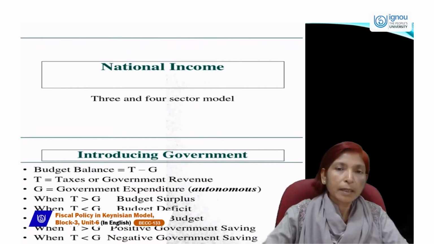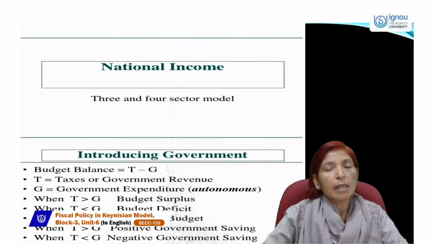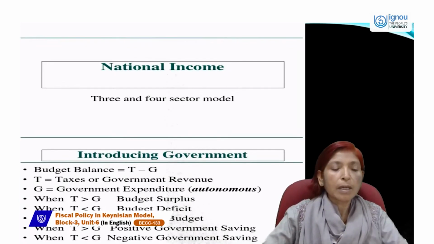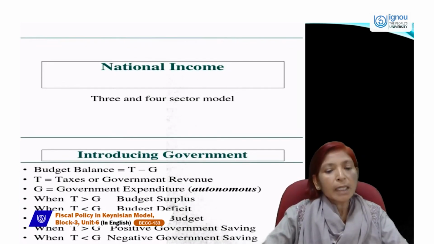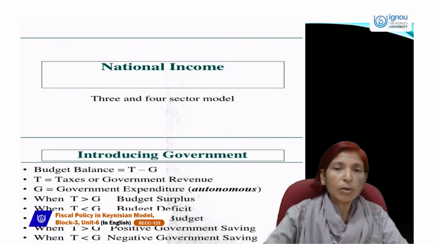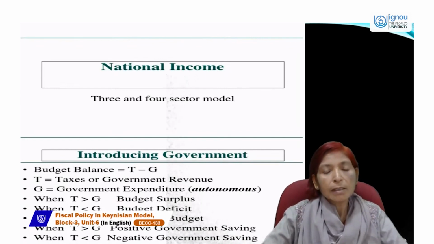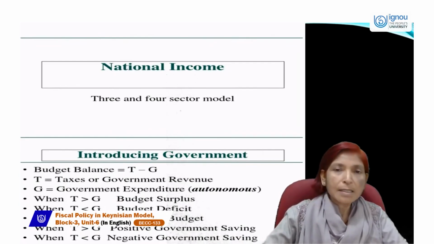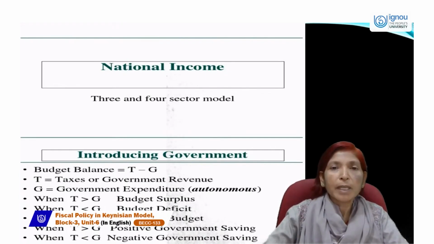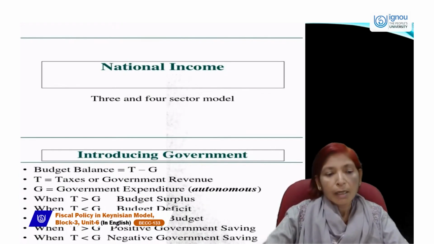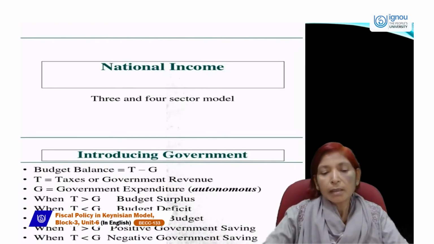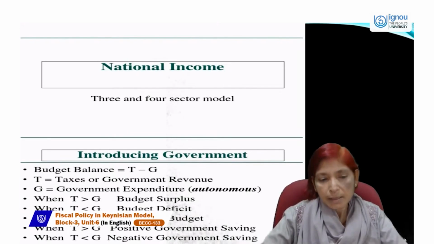T may be greater than G, T may be less than G, T may be equal to G. When T is greater than G, it means taxes are more than government expenditure, then budget will be in surplus. If taxes are less than government expenditures, then budget will be in deficit. If taxes are equal to government expenditure, then budget will be in balance.